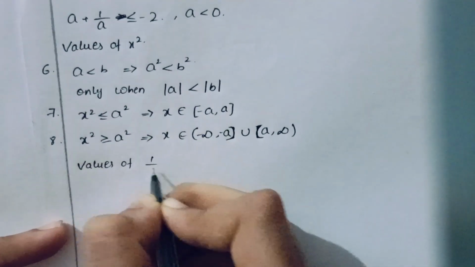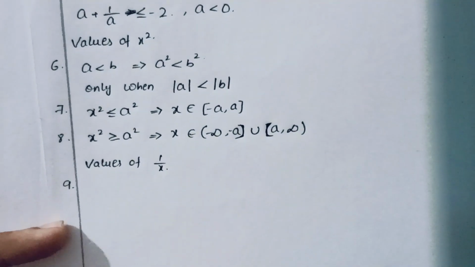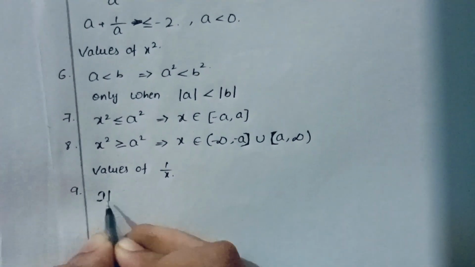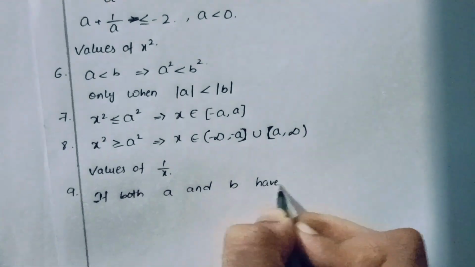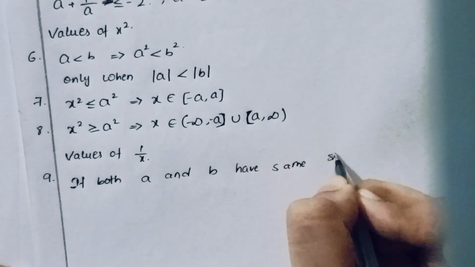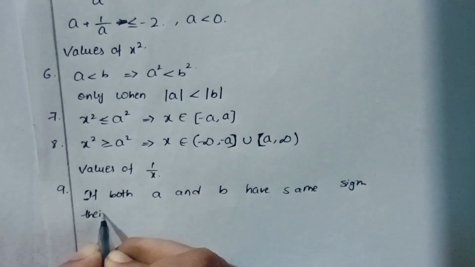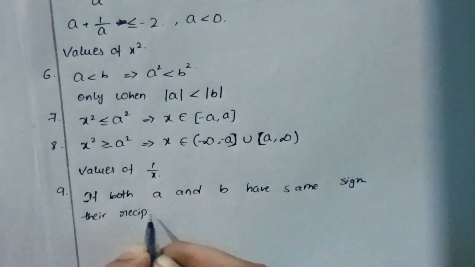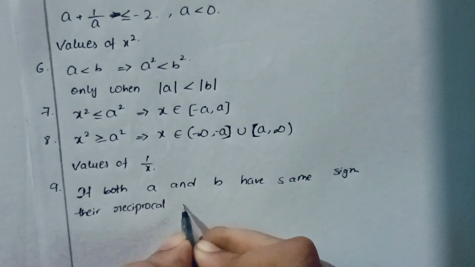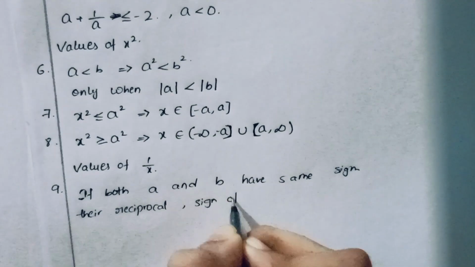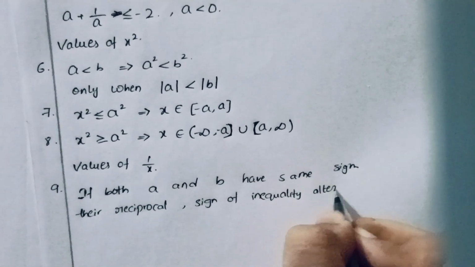Next, values of 1 by x, like reciprocals, during the inequality. If both a and b have the same sign, then during the reciprocal the sign of inequality alters.